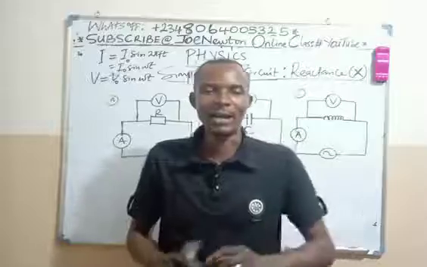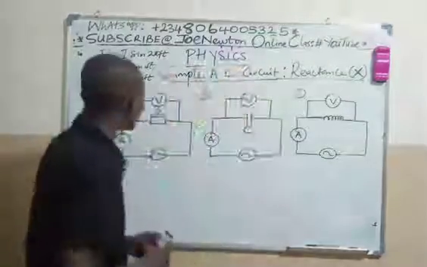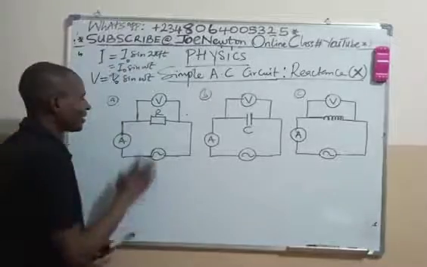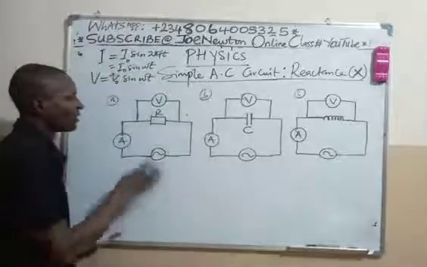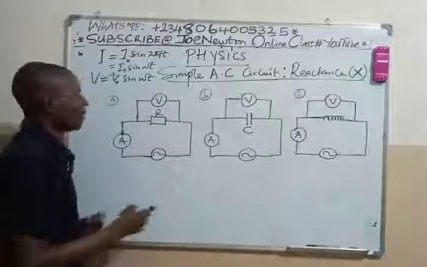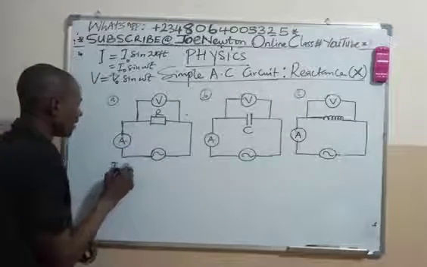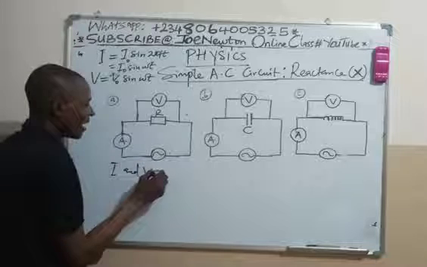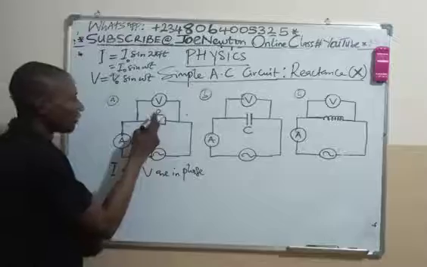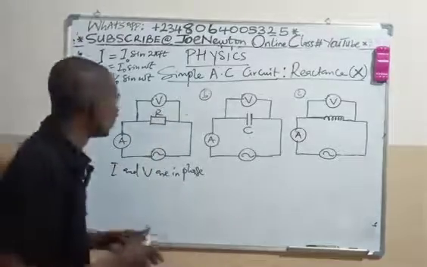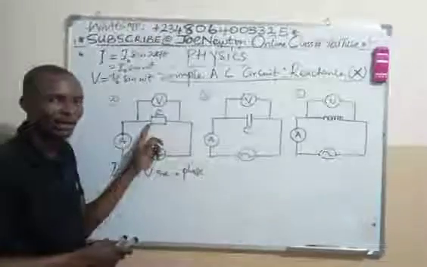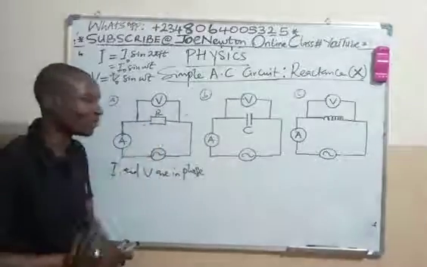They are at par in their contribution in the circuit. So we have that V and I are in phase when we have a resistor in an AC circuit. It is noted by the symbol here, like a small rectangular box, or R, that's a resistor.